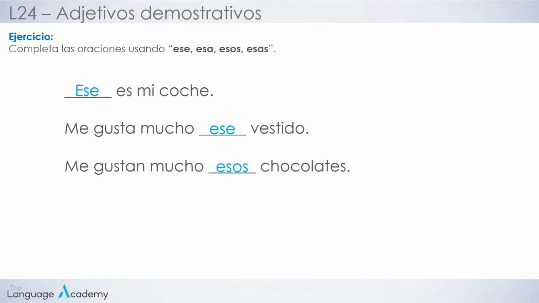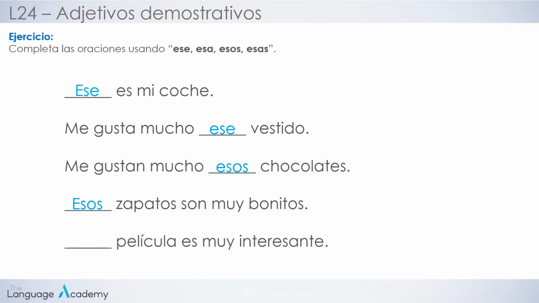Me gustan mucho esos chocolates. Esos zapatos son muy bonitos. Esa película es muy interesante. Remember, in all of these examples, we're using the second distance, meaning that.